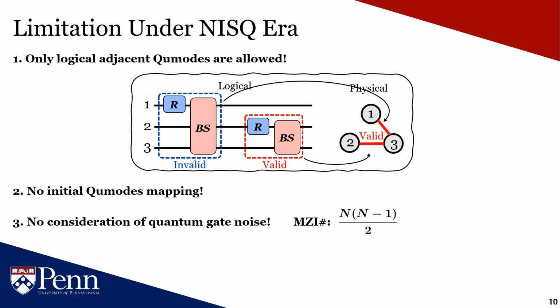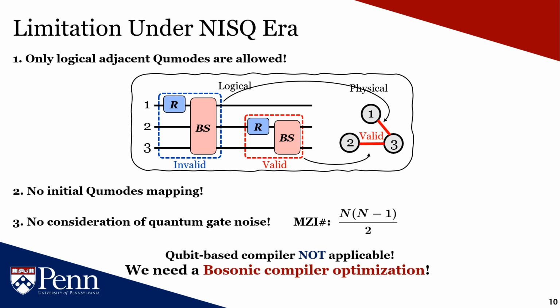We notice that there are many qubit-based compilers based on qubit gate matrix representation that can achieve quantum gate reduction, but they cannot be directly applied to the bosonic quantum computing scenario, since each Q-mode gate has an infinite dimensional gate matrix. Thus, a unique bosonic compiler optimization is needed.